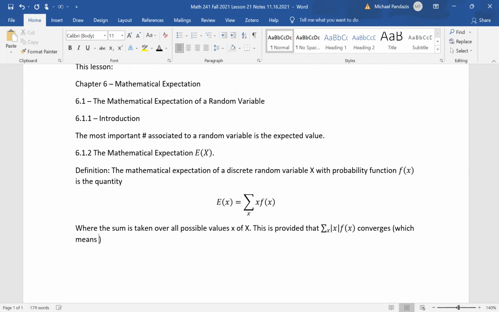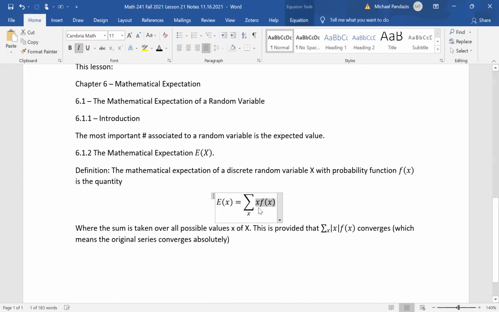Which means the original series converges absolutely. When a series converges absolutely, instead of taking the sum of the terms, you take the sum of their absolute values.